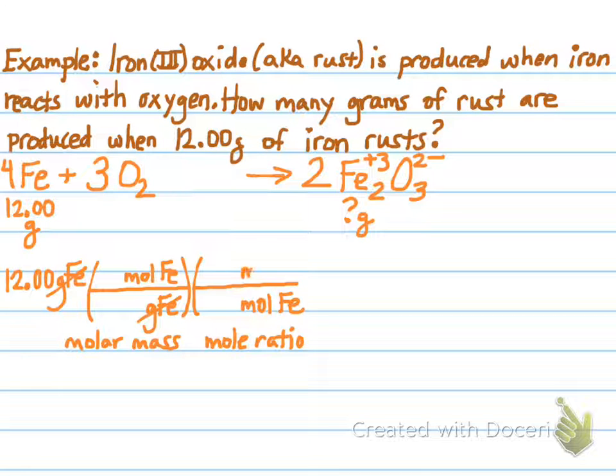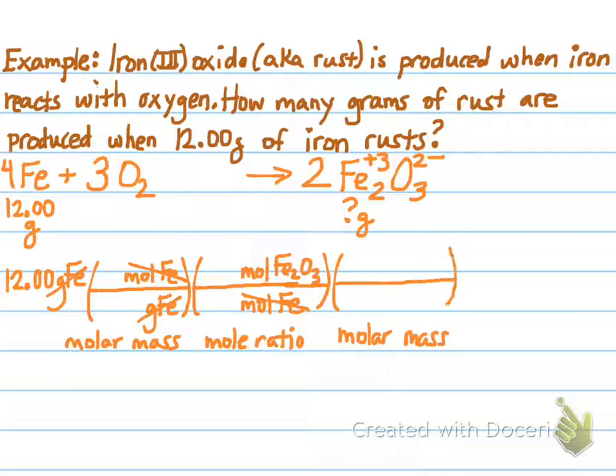And I want moles of the rust, Fe2O3. Now I have moles of rust, but I don't want moles of rust. I want grams of rust. So again, do I have a tool that has grams and moles in it? Yeah, it's molar mass again. So I'm going to use molar mass. Again, a different molar mass this time, but molar mass.